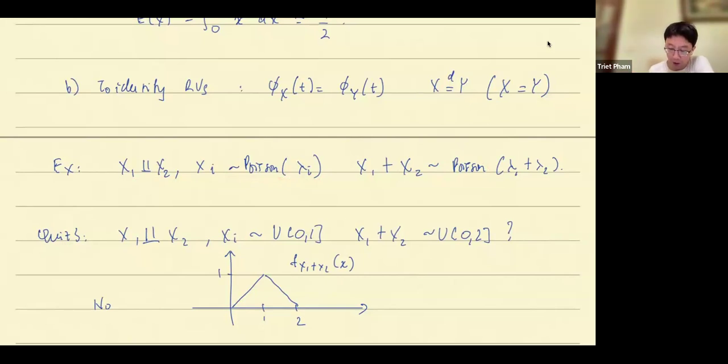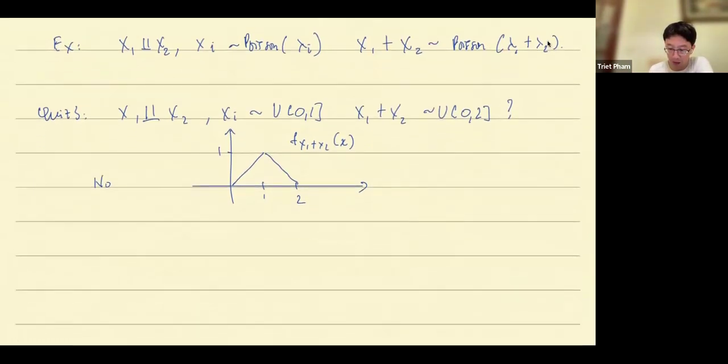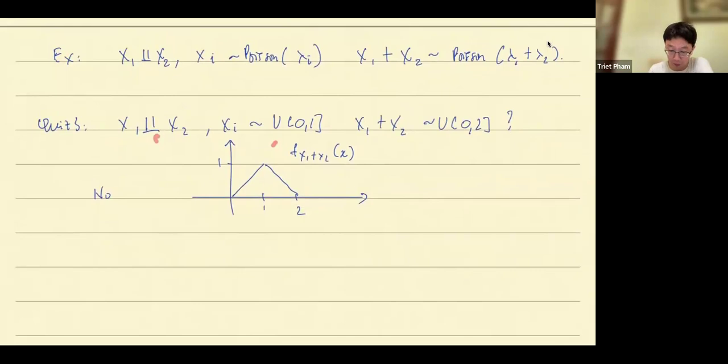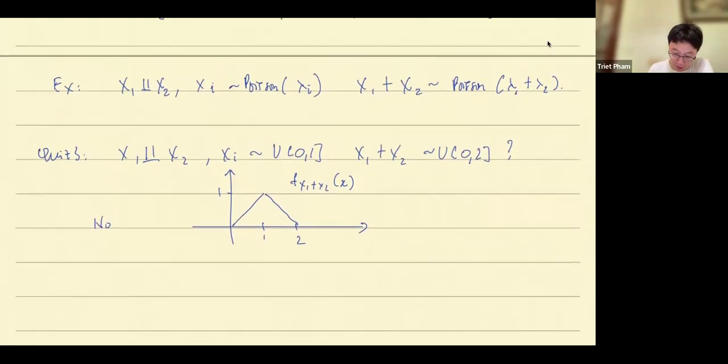If you sum up two independent normals, you get a normal random variable. In general, you have to be super careful when you sum random variables about what you will be getting in terms of the distribution.